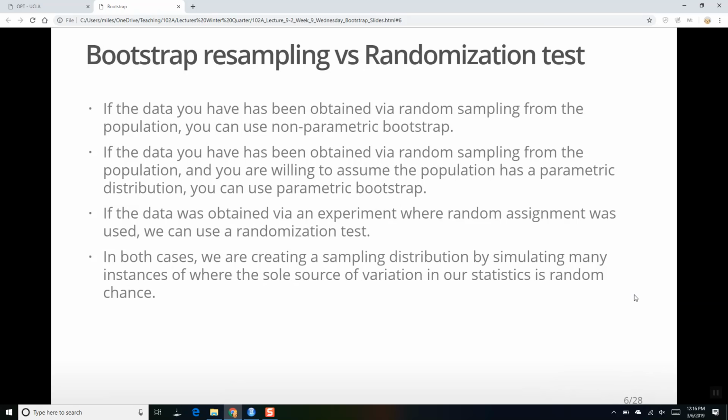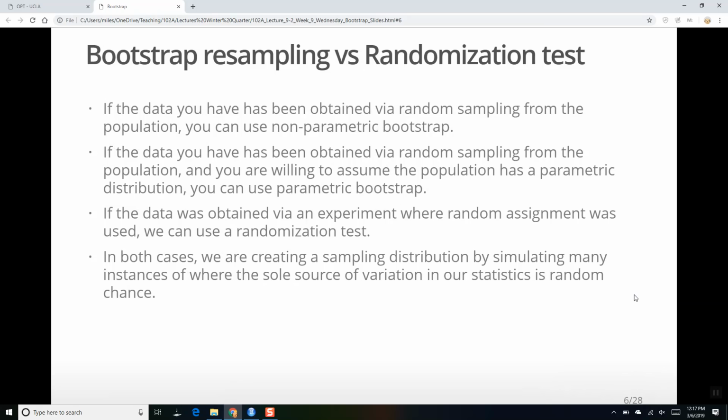This might sound very similar to the randomization test, and what's the difference? It all comes down to the assumptions that you are making about what your population looks like, or where your data is being generated from.